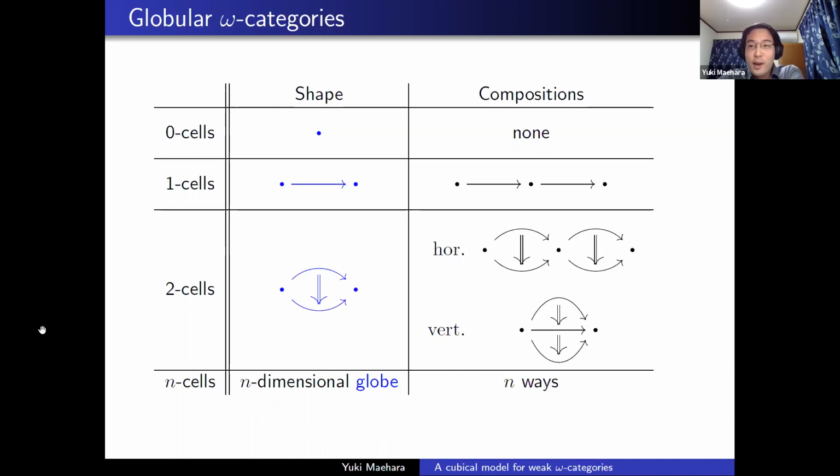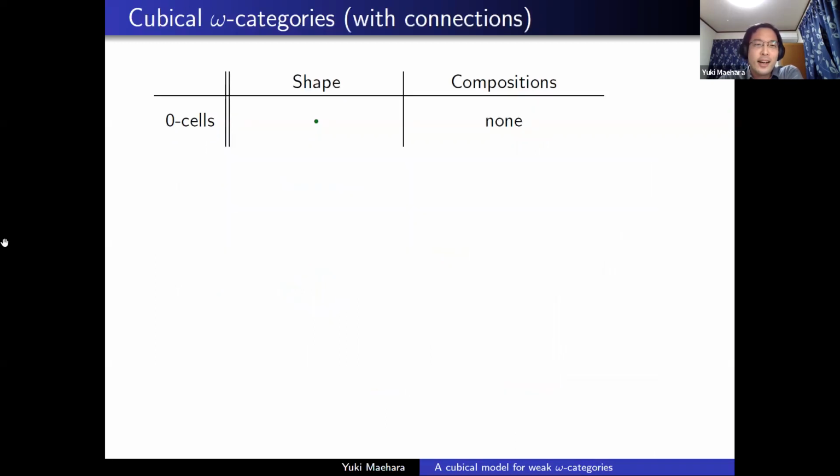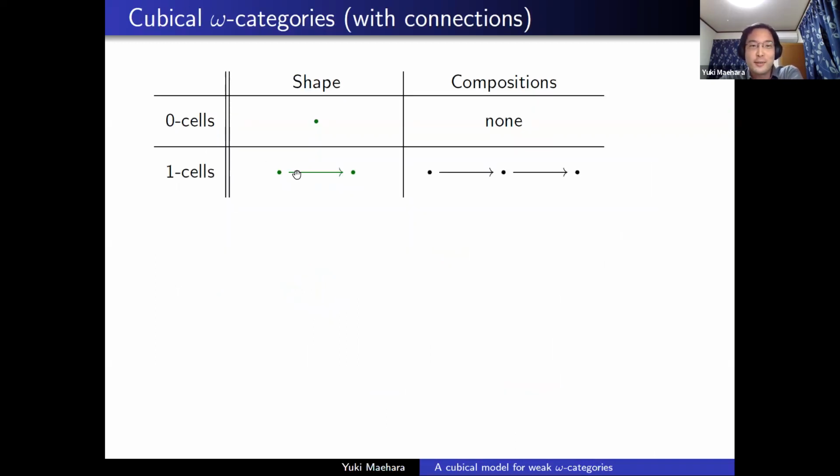But today we are interested in a cubical approach to these omega categories. So now let me give you a cubical version of all of this. In that setting, instead of these globes, we should have cubes. The zero-dimensional cube is just a point, and the one-dimensional cube is just a line.